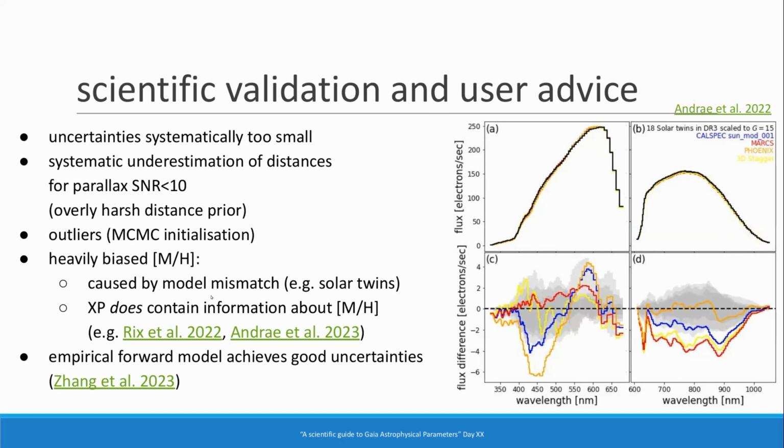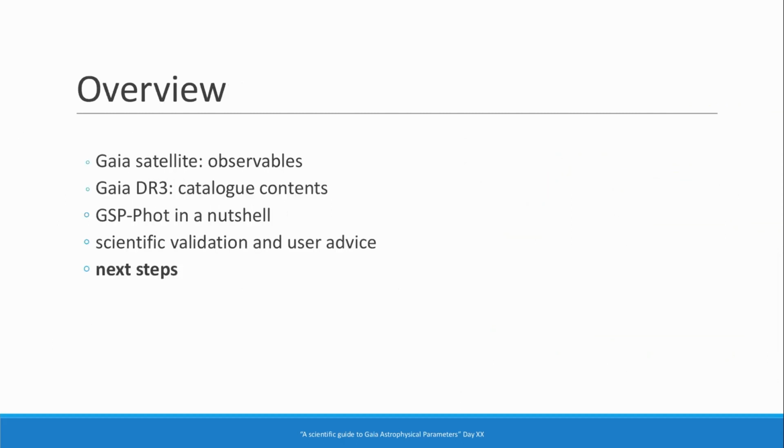So we very early suspected that this problem with the metallicities is due to this model mismatch, and in work following data release 3, where we estimate metallicities empirically from XP spectra, we have shown, yes, XP spectra do contain a lot of metallicity information if you work empirically. So that's not a limitation of the XP spectra. I will skip the last point in the interest of time.